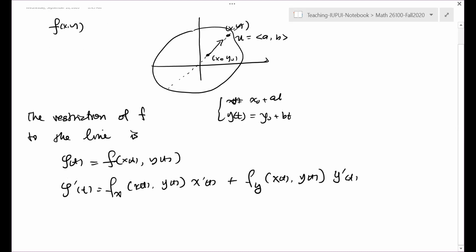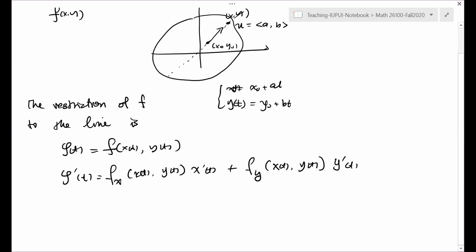That's by the chain rule. So at that particular point, you can let t be 0. This is the place where t equals 0, at the point x naught, y naught, right?